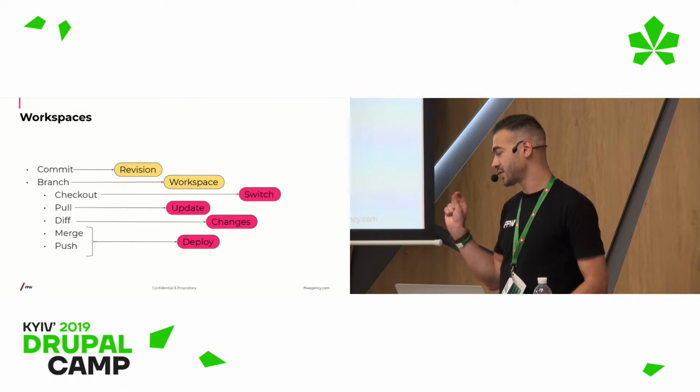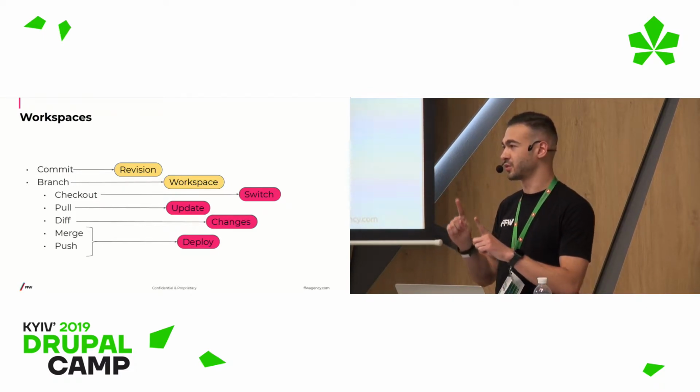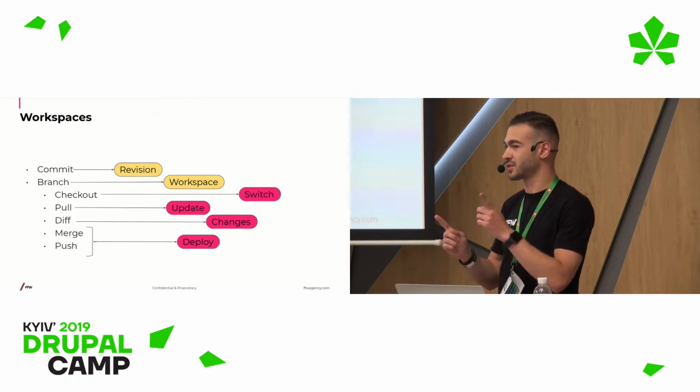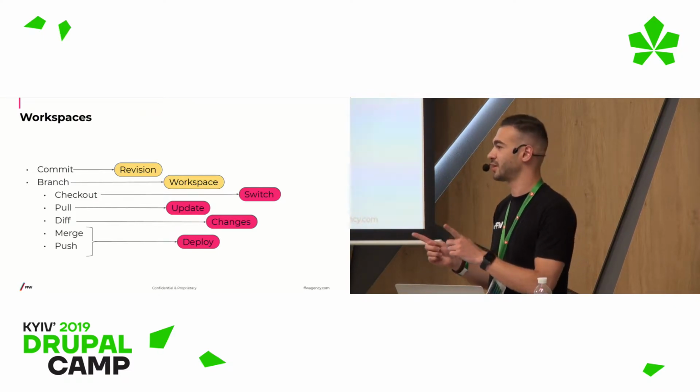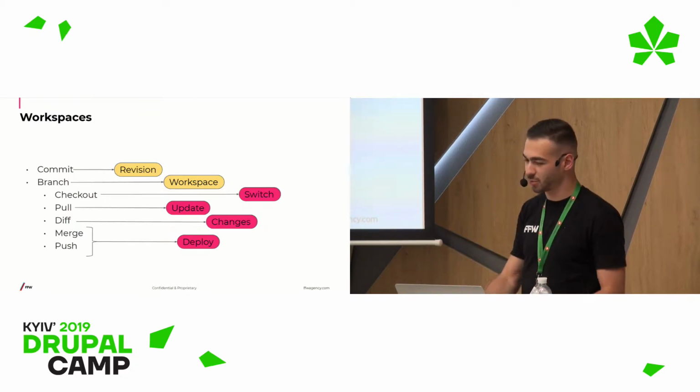And what if we add this tiny bit that will link the revision to the workspace, or as they say, commit to the branch? Because that's a part that is currently not there, and that's also a part of workspaces.